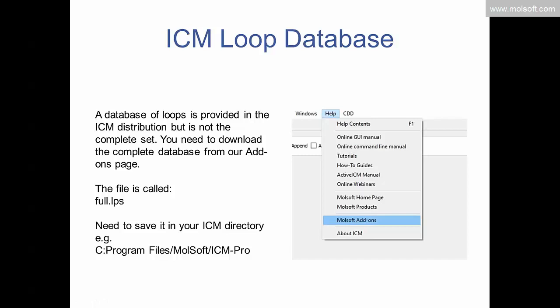To download it, you go to the help menu, choose add-ons, and there's a link there to download a file called full.lps. Then you save that into your ICM directory. For example, in Windows, that would be C drive, Program Files, ICM-Pro. In Linux, it'll be your ICM home directory.